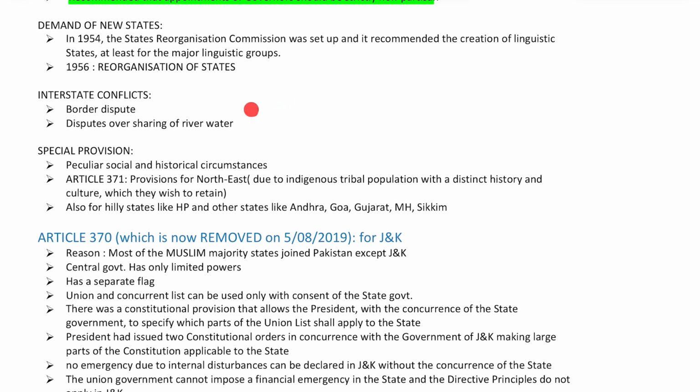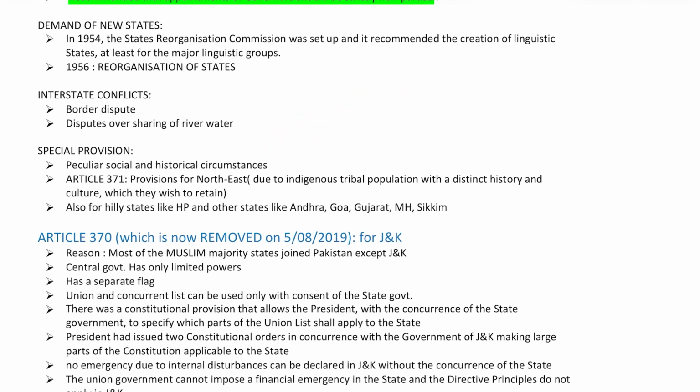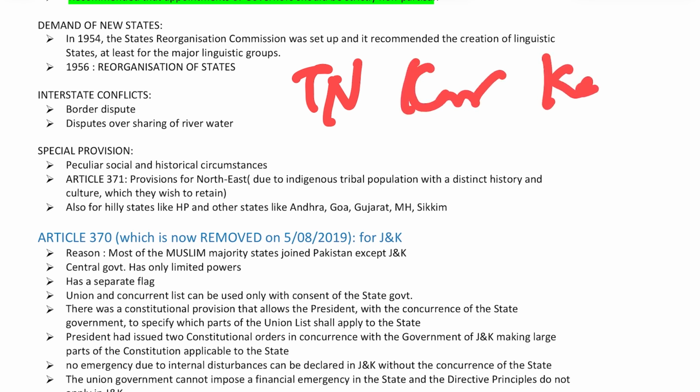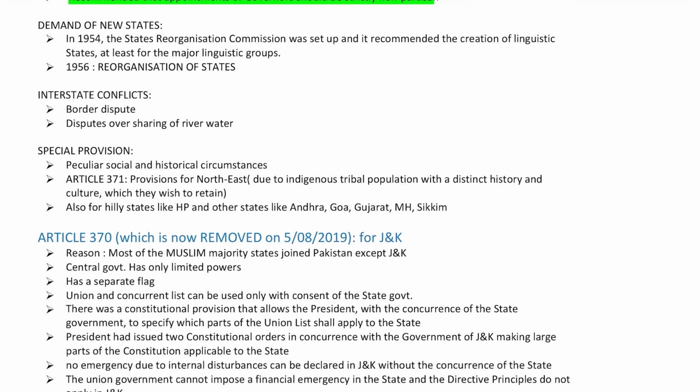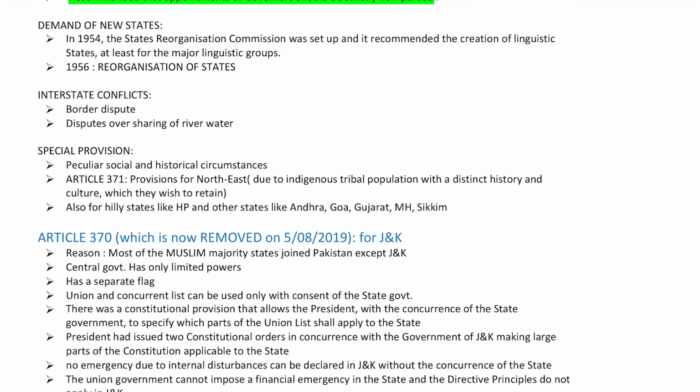So the sharing of this river water was recently in news because of the Kaveri river basin and disputes over it between the states of Tamil Nadu, Karnataka, and Kerala. Also Puducherry, but mostly Tamil Nadu, Karnataka, and Kerala, as far as I remember.